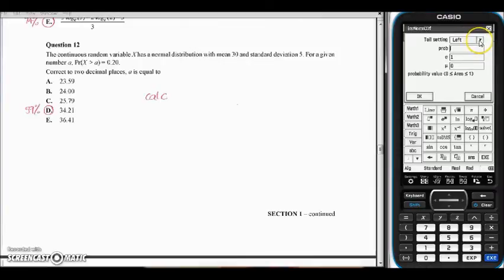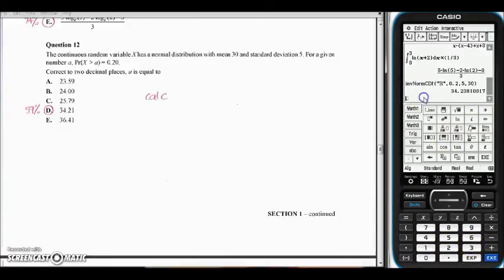We want the tail setting as right and the probability as 0.2. And the standard deviation will be 5 and the mean will be 30. Push OK. And 34.208, which rounds to 34.21.